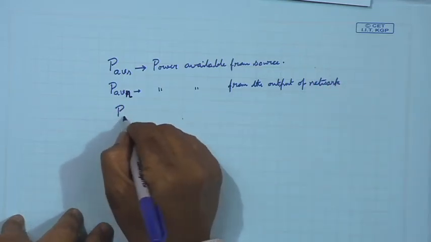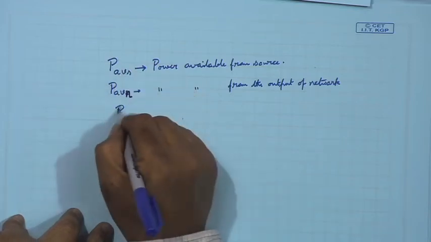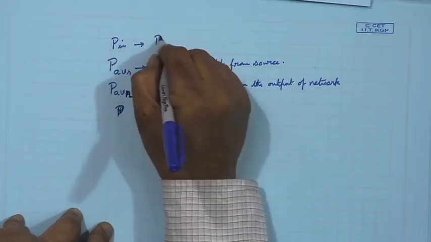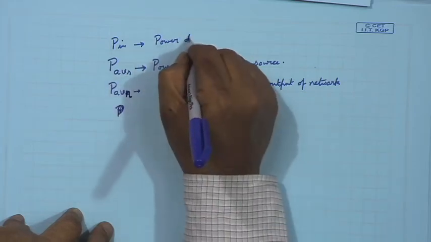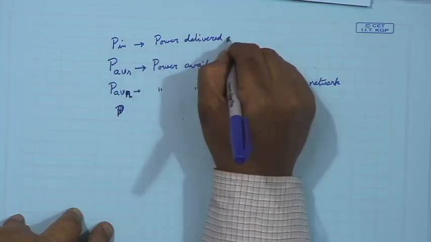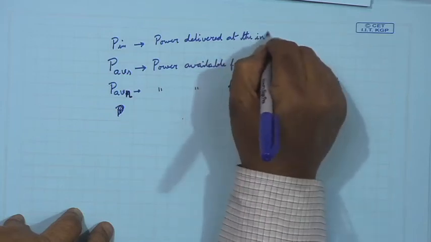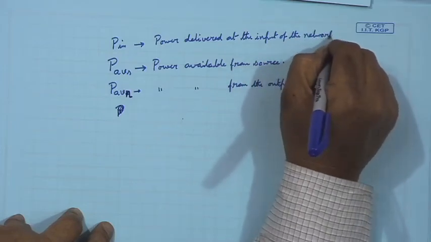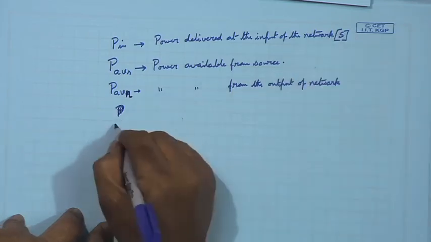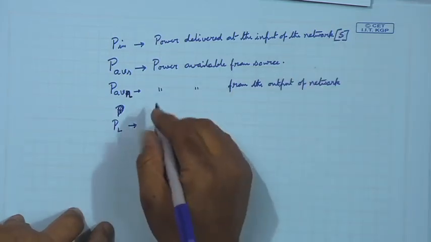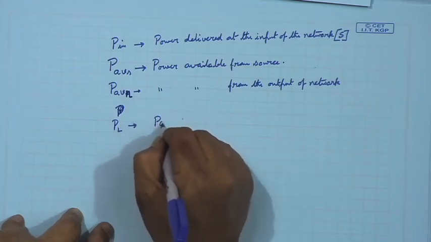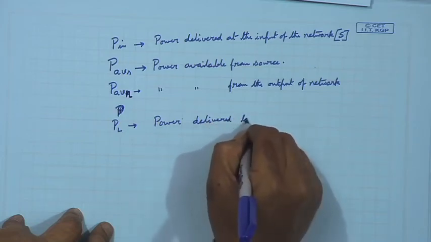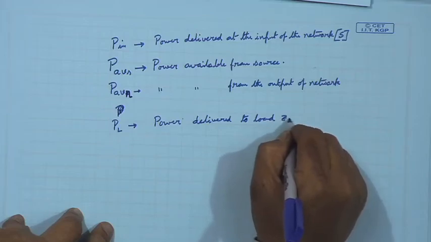Then also we have P_in, where P_in is power delivered at the input of the network S. Similarly, I will have P_L, which is power delivered to load Z_L.